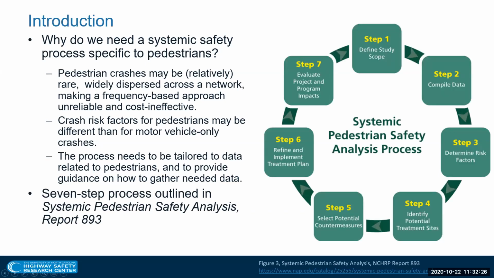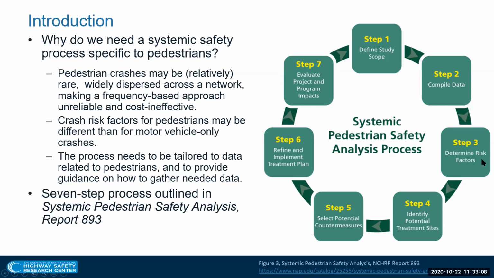And it does build on all those resources I mentioned earlier. So this is the 7-step process, which is basically: identify the jurisdictions and the types of crashes that you're going to focus on, and what is the extent or scope of the network that you're going to consider. Compile the data, and this may require collecting data from unusual sources, as I mentioned, such as the census and land use data and other types that maybe safety analysts haven't been using, along with roadway data and crash data.